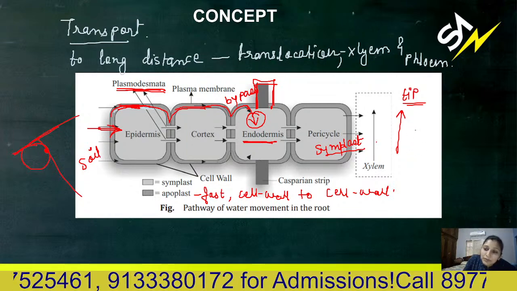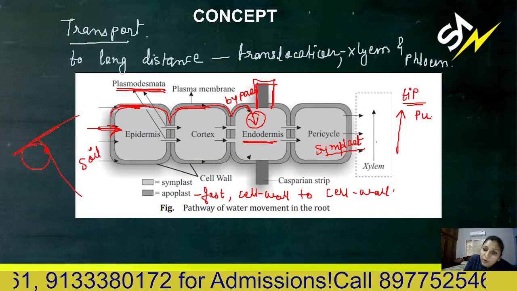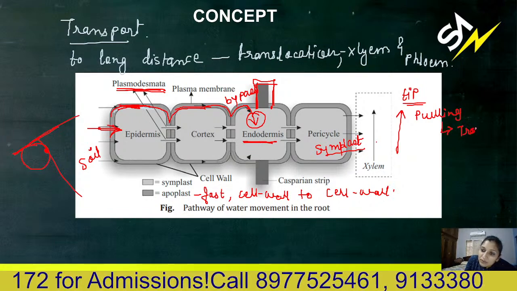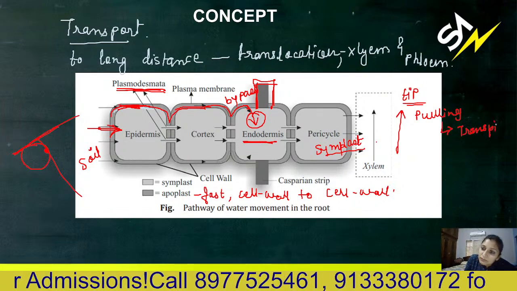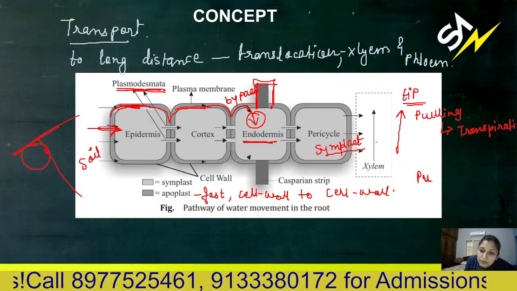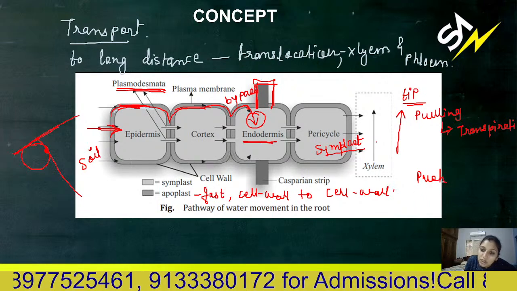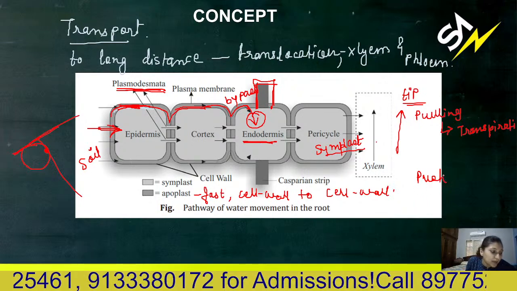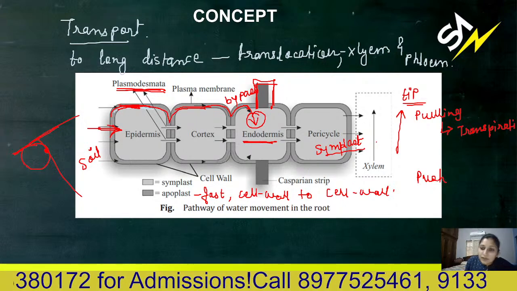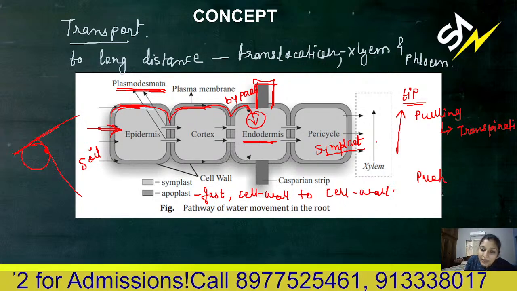In that, there is a pulling force, that is transpiration, and a pushing force. It is a modest push, not a complete push. The modest push is given by root pressure.